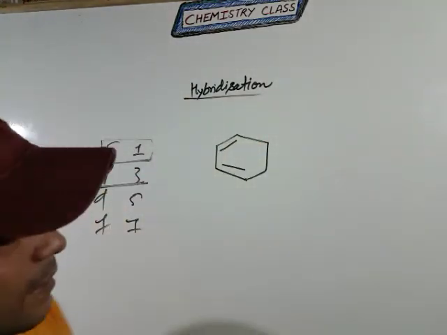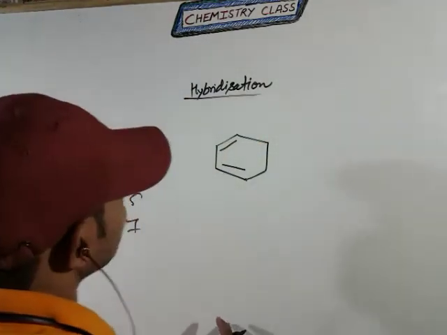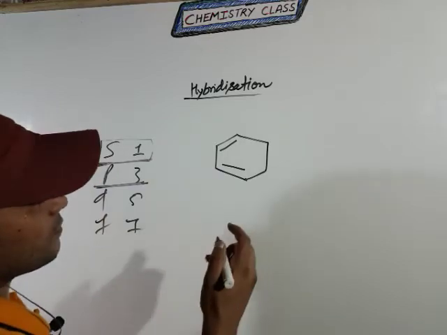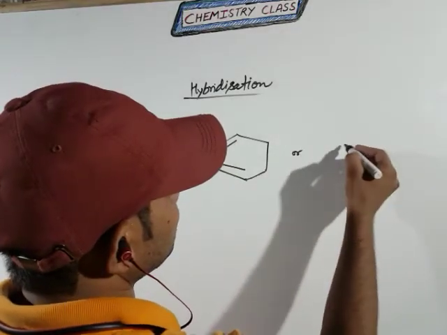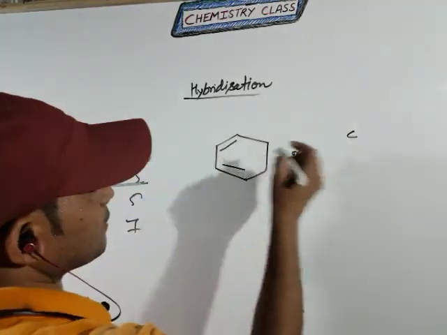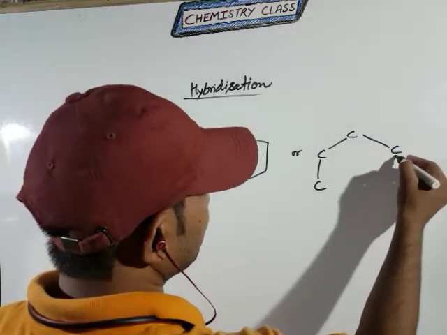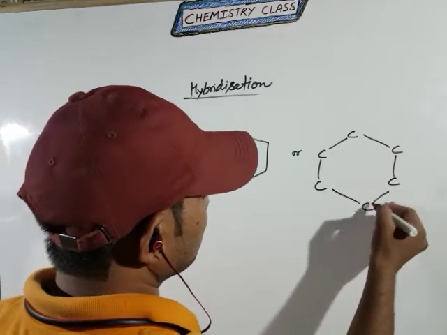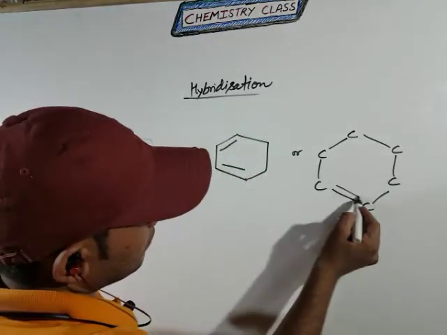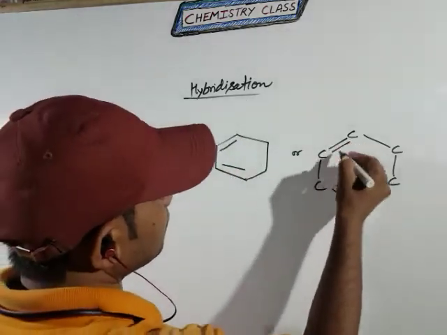After that you will easily calculate the hybridization of the given compound. First you make the open structure of the given molecule. This is our carbon, carbon, this carbon, carbon, carbon, and this is carbon. In this case a pi bond is there, and in this case also a pi bond.